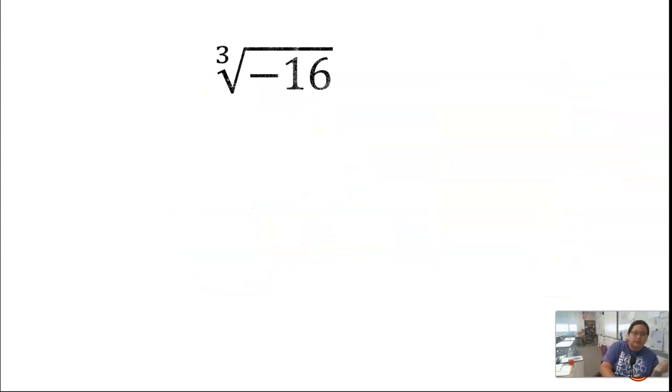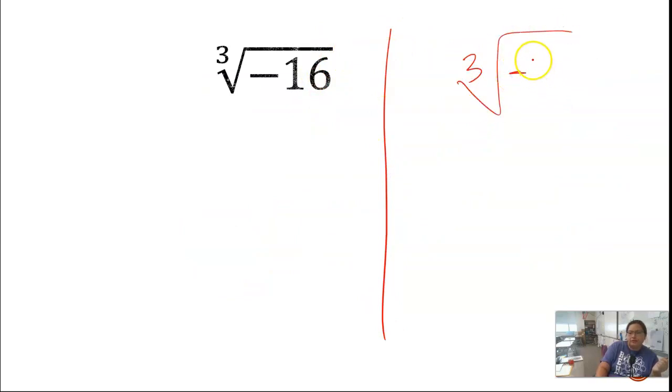Let's do another example. If I did the cube root of negative 27. Okay, so when I break this down, negative 27, I have the negative portion, and then I have positive 27. Then I can keep going with just the 27, and we have 3 and 9, 3 and 3.